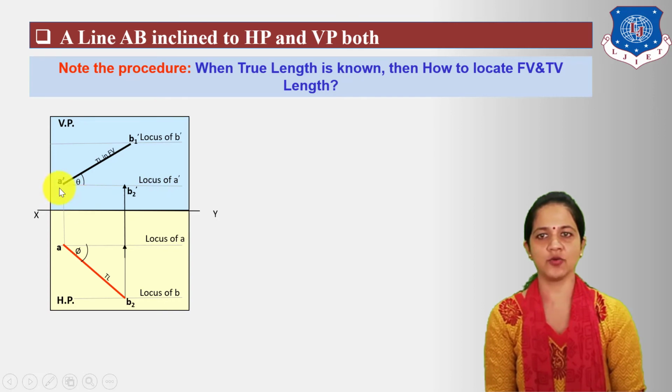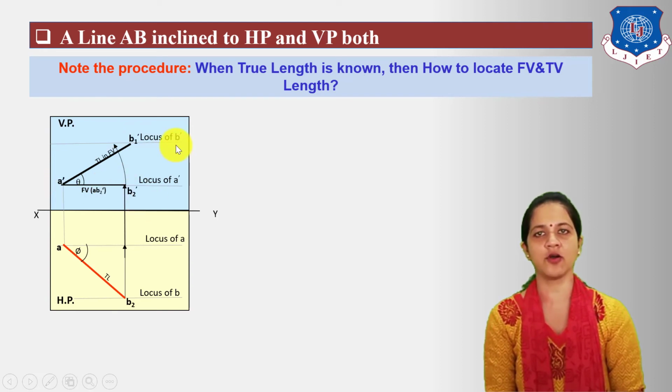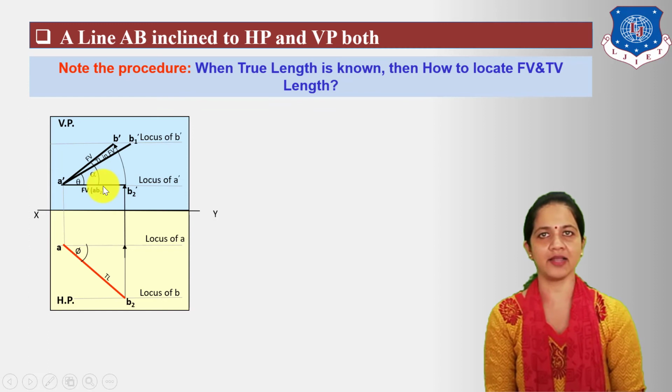So A dash B2 dash indicates the horizontal component of the front view. Next, rotate this horizontal component from point A dash up to the locus of B dash and mark point B dash. Connect points A dash B dash, which indicates the inclined front view at an angle alpha.